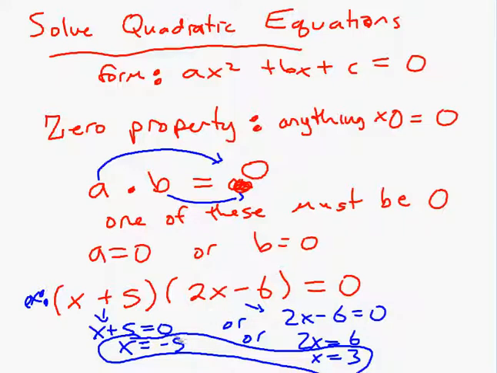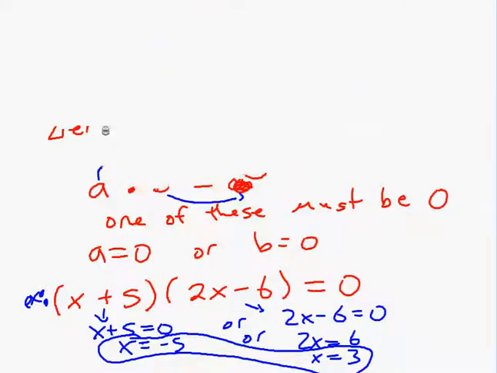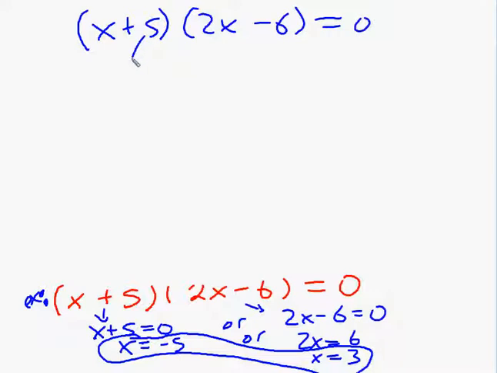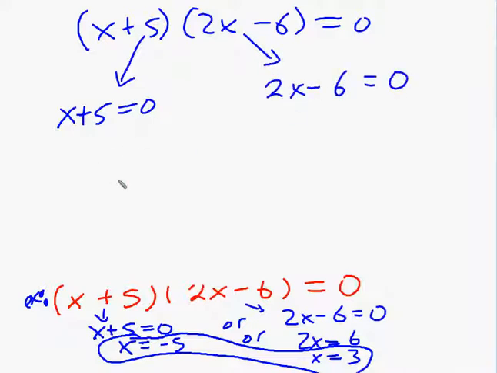So I set them equal to 0 and solved them. Either this is 0, so x plus 5 equals 0, or this is 0, 2x minus 6 equals 0, and then I solve them. Subtract 5, x is negative 5, or, and I'm not going to go through all that work again, x is 3.